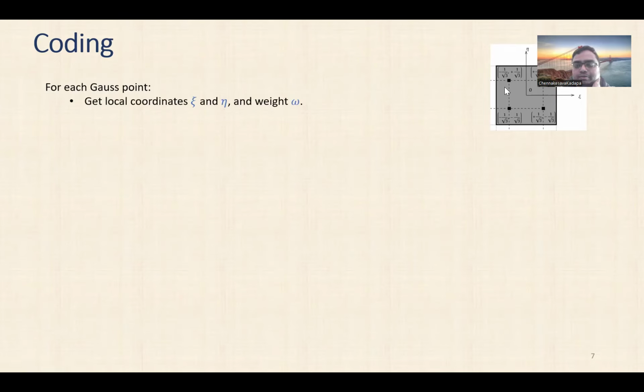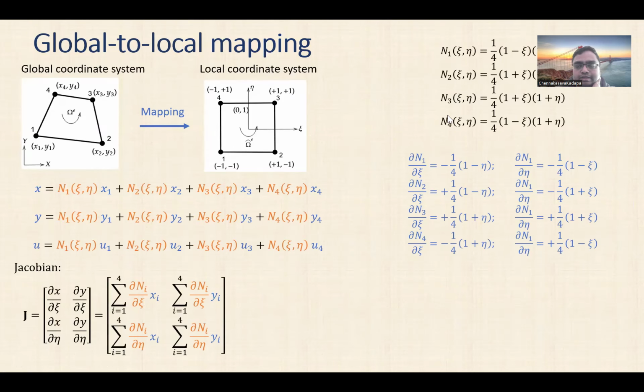So we have 4 Gauss points and these are the coordinates of xi and eta. For each Gauss point we know xi and eta. Once we know xi and eta, we can calculate the basis functions N and also their derivatives with respect to xi and eta. So these are these.